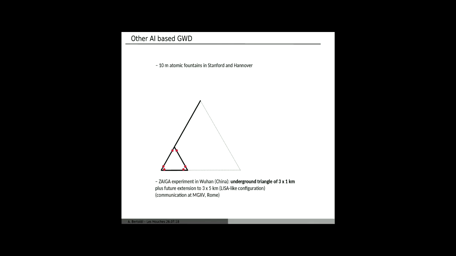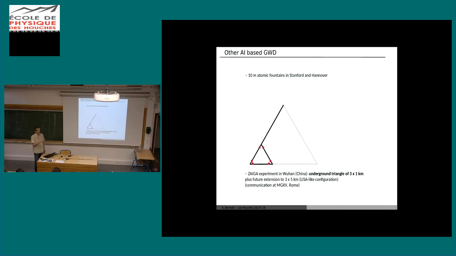The Chinese just presented this. It was a really quick presentation, 5 minutes in Rome a few weeks ago. Is it an idea, or are they actually building it? They got the money. They said they will dig 3 kilometers. So it's a triangle of 1 kilometer per side, and in 3 or 4 years, if this one looks promising, they will also get the money to go on to make a 3 kilometer configuration.